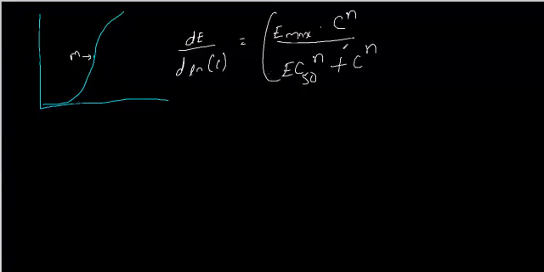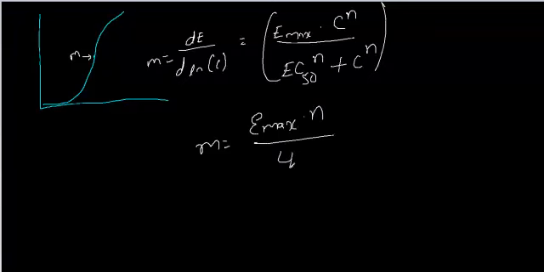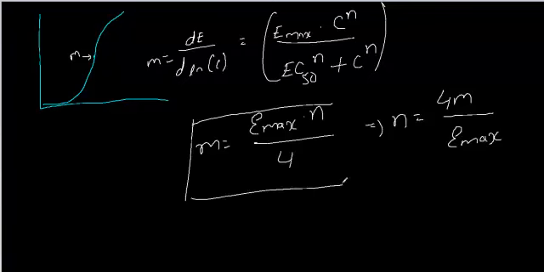We found the slope. What is the slope? It is Emax times n over 4, right? I hope you remember this. If not, then n is equal to 4m over Emax. So we had deduced, we came up with the slope for this, right?